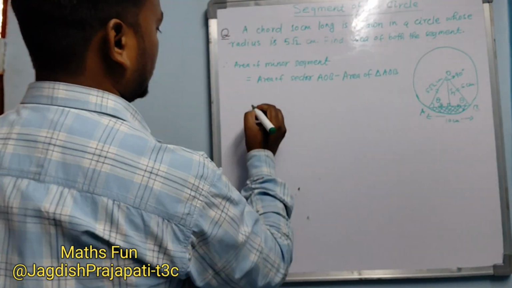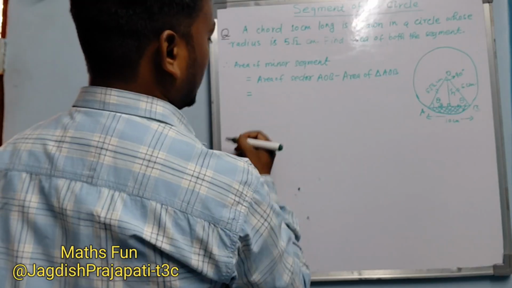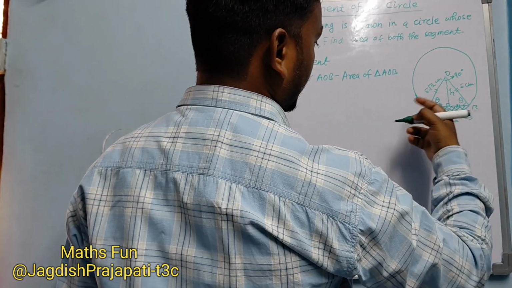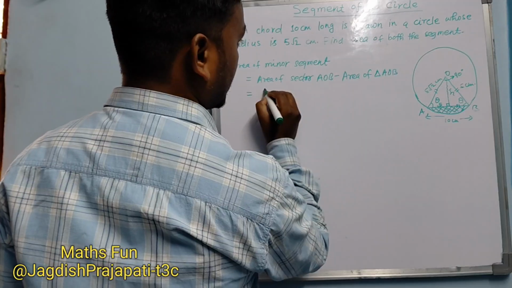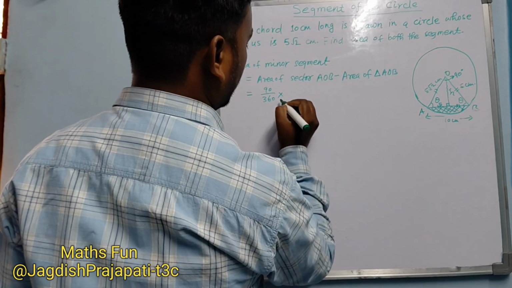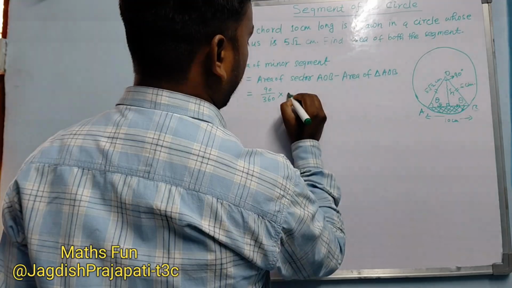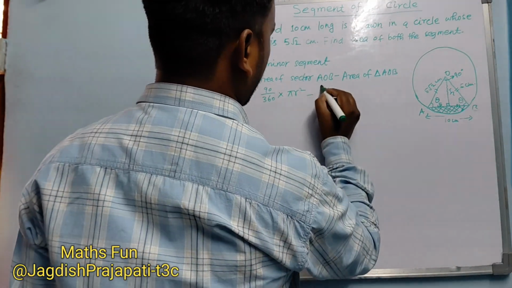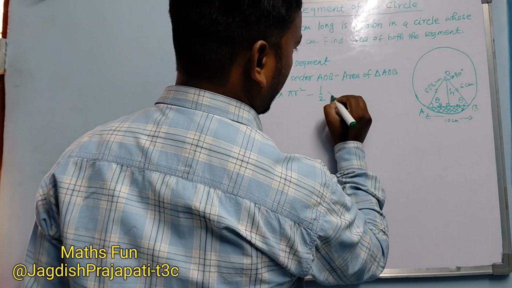Area of sector AOB, this area, is 90 by 360 into pi r square, minus 1 by 2 into base.